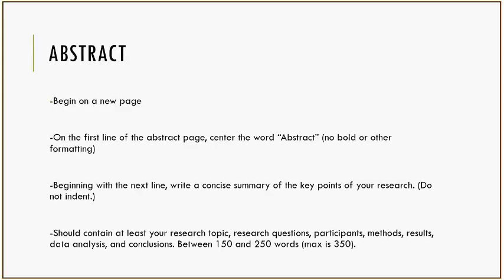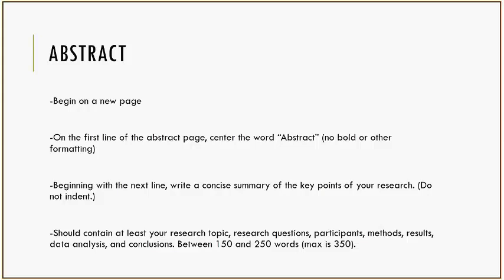So for the abstract, that comes next after the title page, and after talking about the whole outline of your dissertation, you want to begin this on a new page. On the first line of the abstract page, center the word abstract, but don't bold it. Then beginning with the next line, write a concise summary of the key points of your research, and don't indent this paragraph like we normally do.